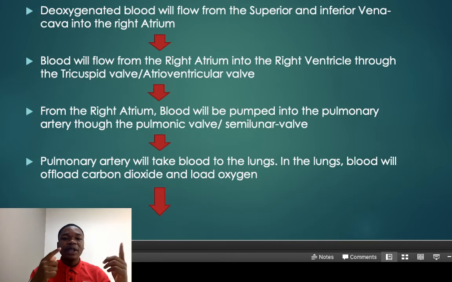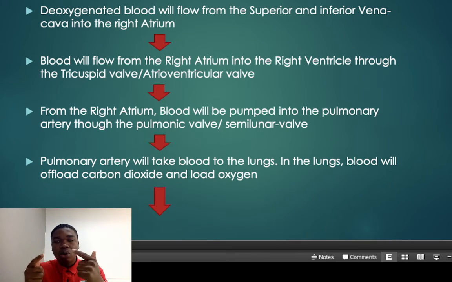So the deoxygenated blood from the body will flow into the right atrium. That's the first word, right atrium. Remember, the type of gas in the blood is deoxygenated. It will flow into the right atrium through the superior and the inferior vena cava.